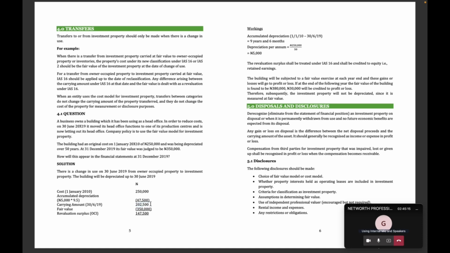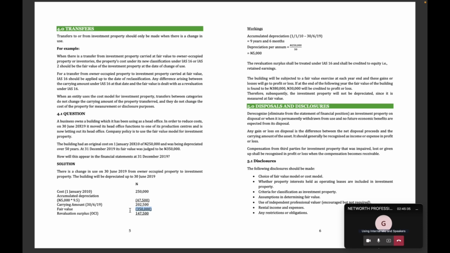202,500, right? So at the end of the year, the fair value of the asset is now 350,000. You see, it's not a problem. In our books, the investment property at the end of the year will simply be 350,000. That is not the problem.